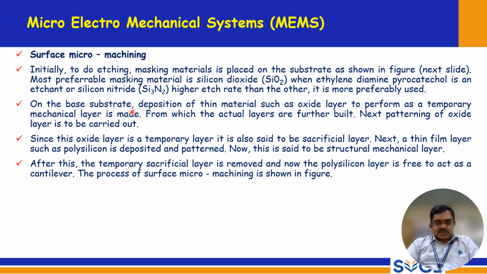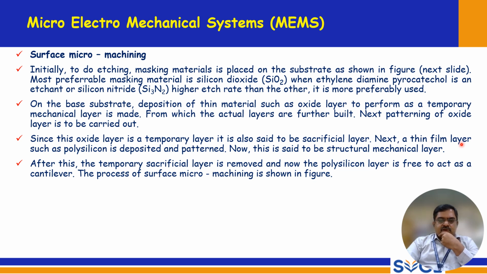On the base structure, the substrate, a thin material such as an oxide layer is deposited to act as a temporary mechanical layer, from which the actual layers are further built. Next, patterning of the oxide layer is carried out. Since this oxide layer is temporary, it is also called a sacrificial layer, a layer that is removed later.